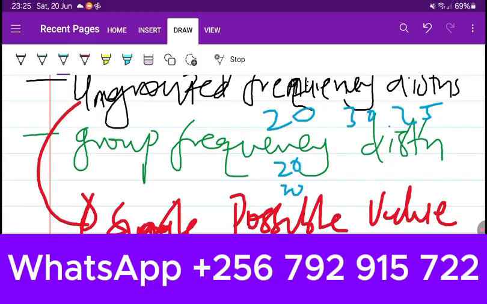But we only do this if the distinct numbers are small, when we are dealing with small samples, maybe a sample of 50 people, or let's say 20 people.